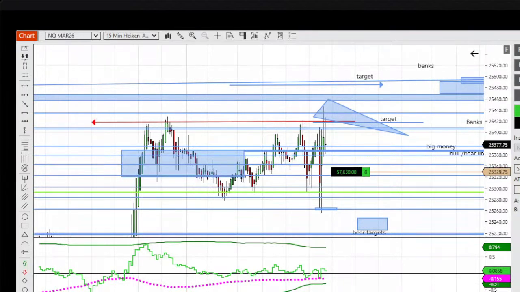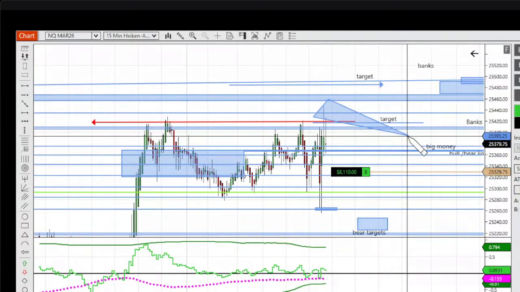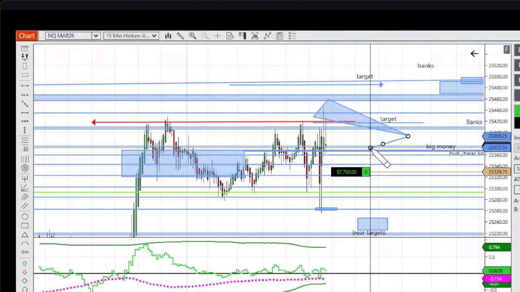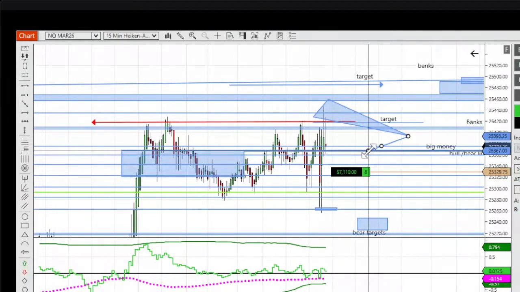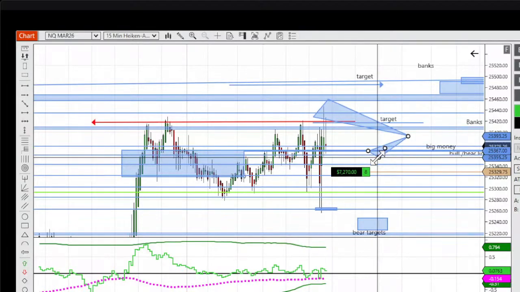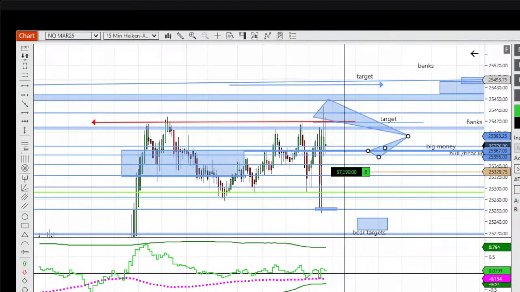The 395. We got under the 395. But that's okay though, because where does 95 go? Right there. 67. And then follows through down here about the 56. Right there.